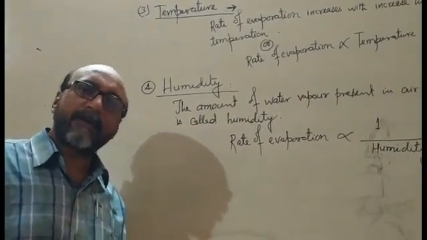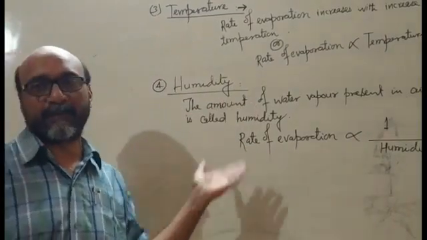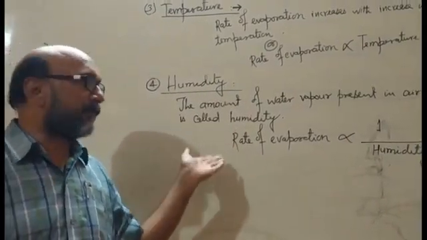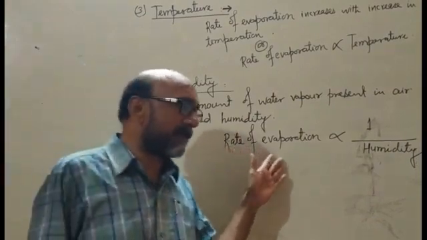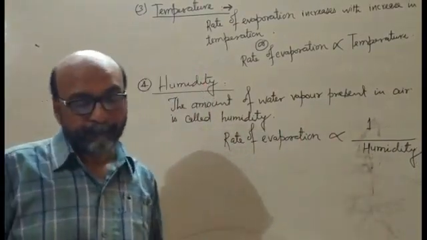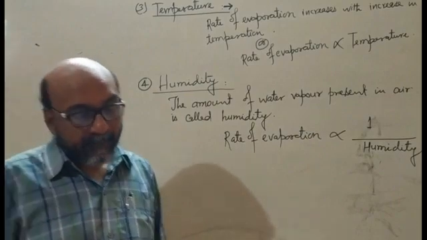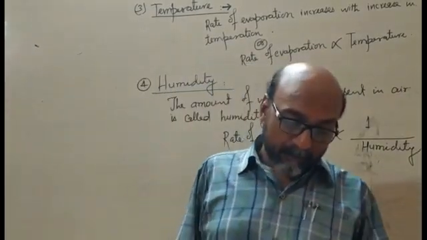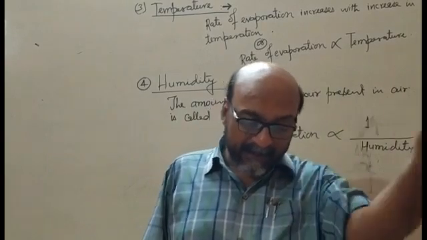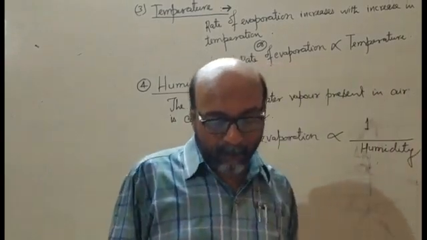This is called inversely proportional. An inverse relation is there. One will decrease, other will increase. Clear? That is why, again, you can take the example of drying the cloth.